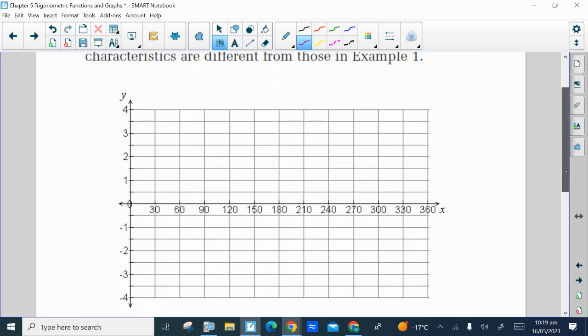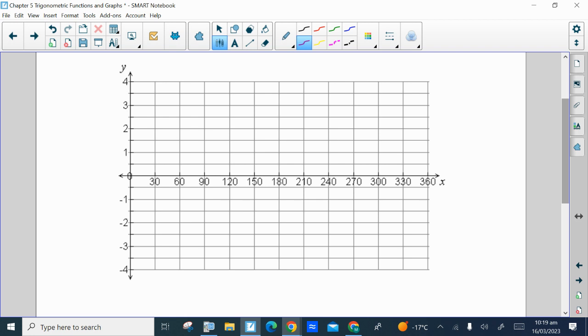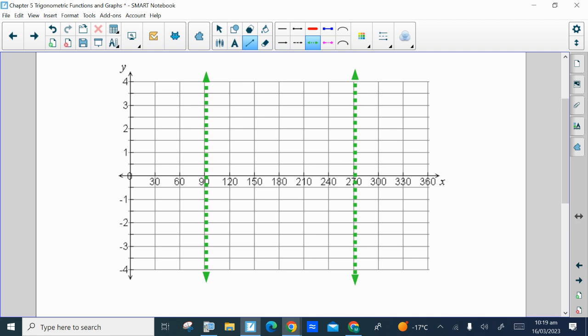So it doesn't matter whether your x-axis scale is in degrees or radians, it's done the same. Instead of having asymptotes at every pi on 2 radians, now they'll be at 90 degrees and then every 180 degrees from there. You're still going to have your first x-intercept at 0, and they will be every 180 degrees.